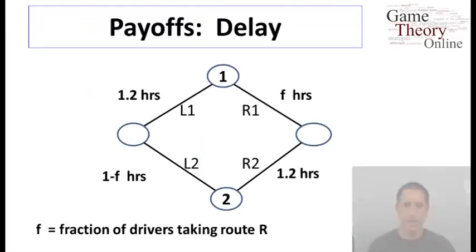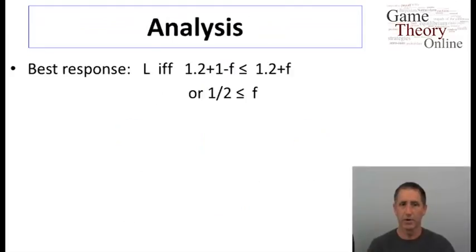Now that we have it set up, we can reason about it. Let's ask very simply, when is it best to go left? Well, it's best to go left if the delay there is less. And we just copy the expression we saw before. That's the delay of going left, and this is the delay of going right.